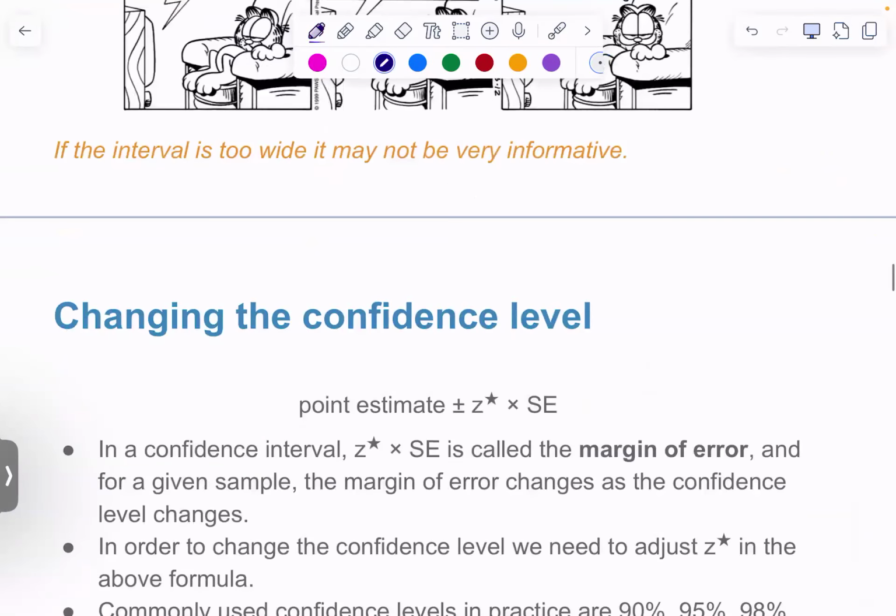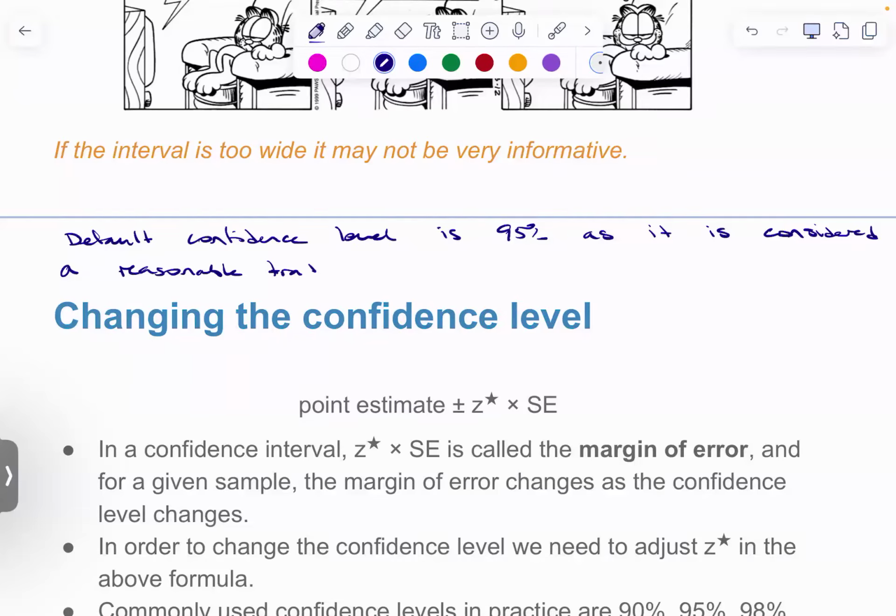So here I'll just add a note. The default confidence level is 95%, as it is considered a reasonable trade-off between confidence and precision.